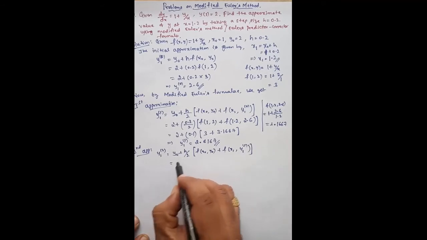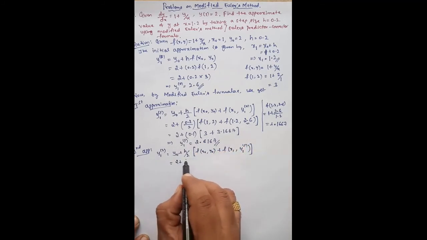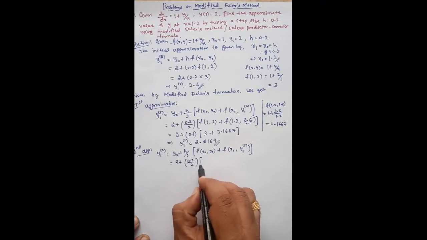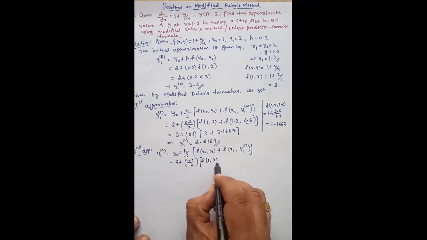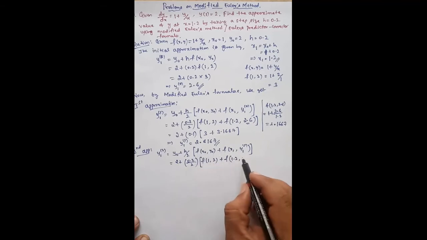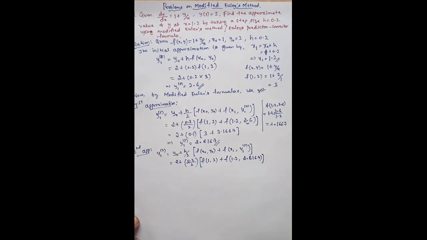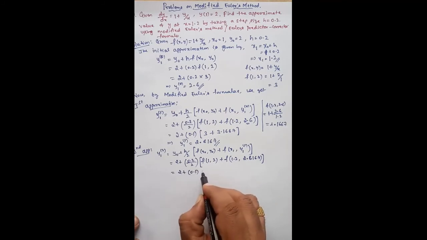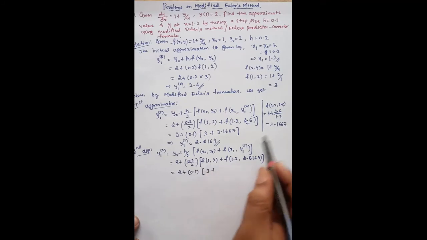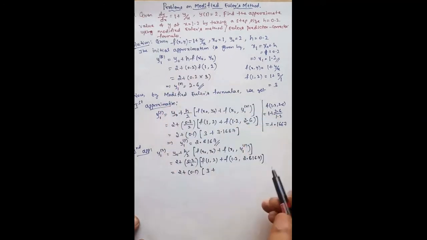Now substitute the values. So everything is the same, only the last value you need to change. 2 plus 0.2 by 2 into this is f of 1 comma 2 plus f of 1.2 comma y1 power 1. What is y1 power 1? 2.6167. Now on simplification we get 2 plus 0.1 into this, we already did. It is 3, the f of 1 comma 2 we did here. And this one again you have to calculate by using the same formula, f of x comma y equals 1 plus y by x.